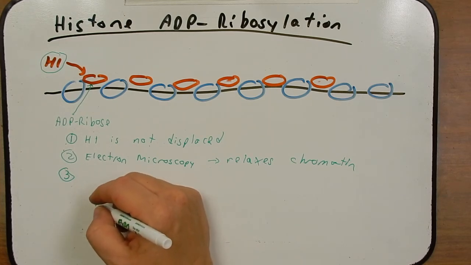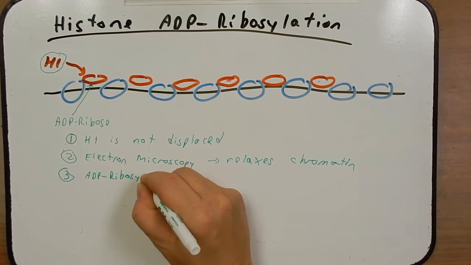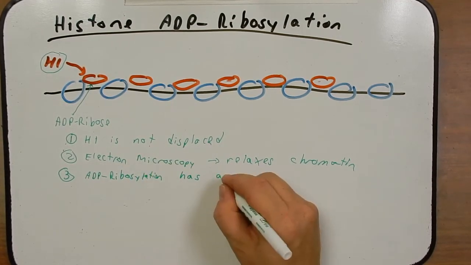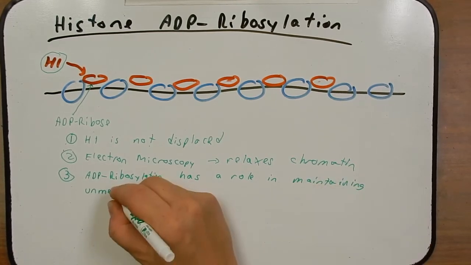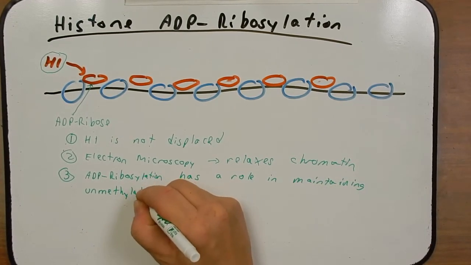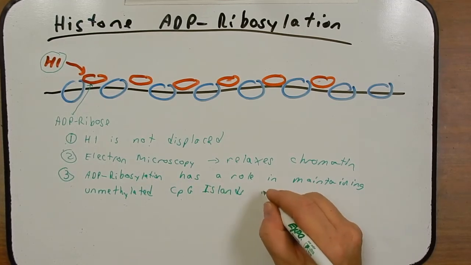However, there is some evidence that this ADP ribosylation has a role in maintaining unmethylated CpG islands in promoters.